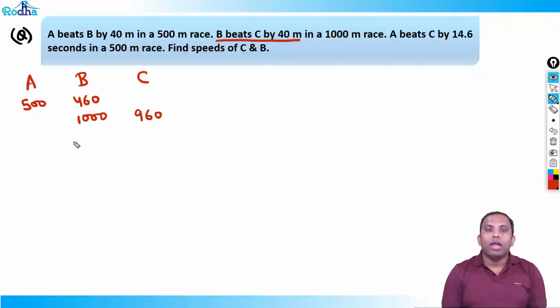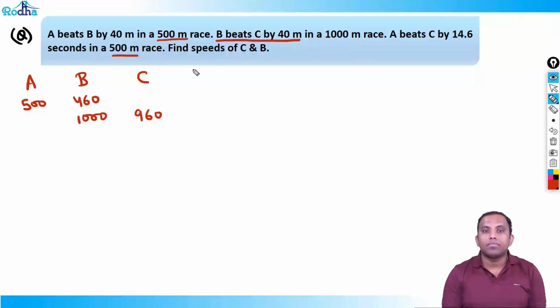Now I should get this data in a single race, either a single race of 500 meter or a single race of 1000 meter, to compare it easily. Since two data here are of 500 meters, I'll convert this to 500 meter only. So in a 1000 meter race, B can beat C by 40 meter.